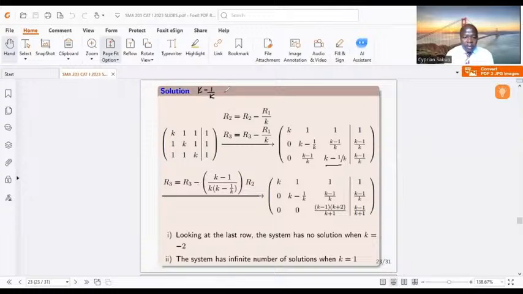Then subtract from it k minus 1 out of k multiplied by k minus 1 out of k, multiplied by the element in row 2, which is k minus 1, k minus 1 out of k.